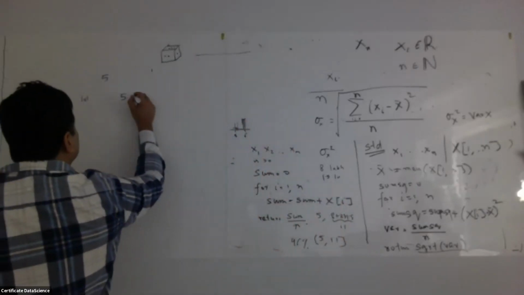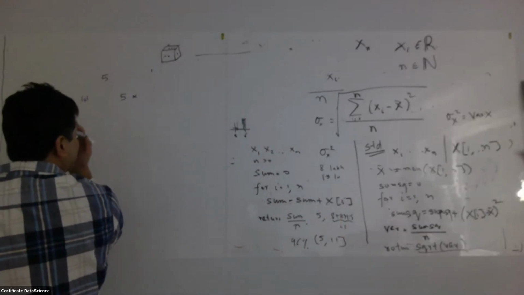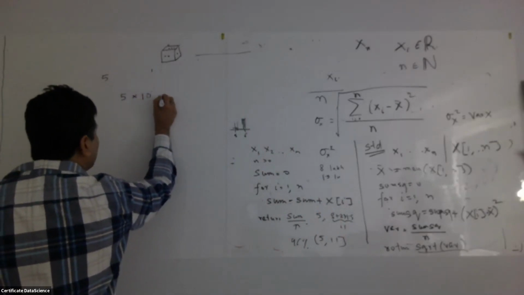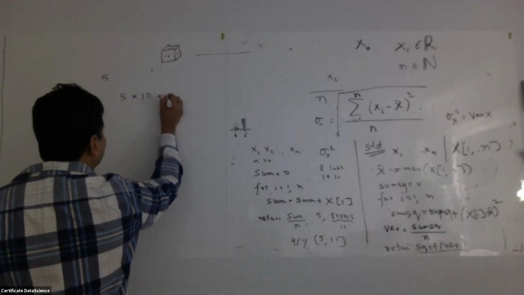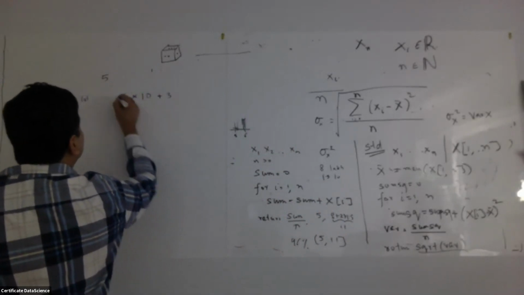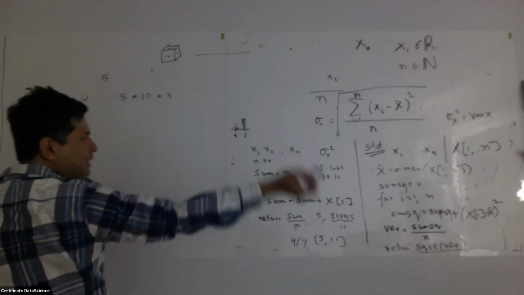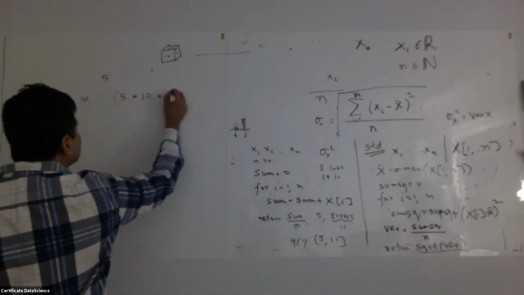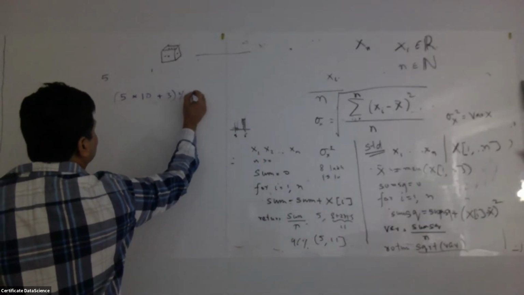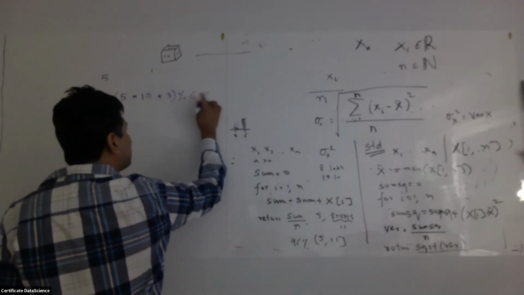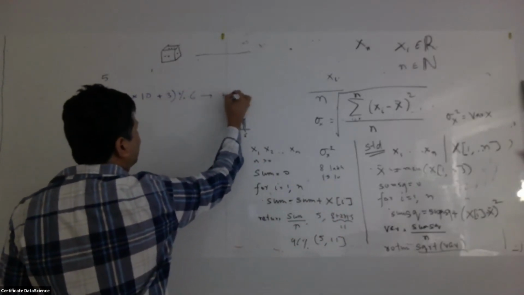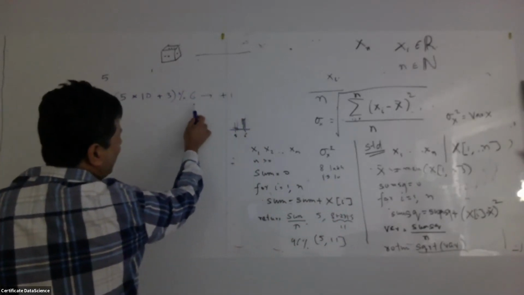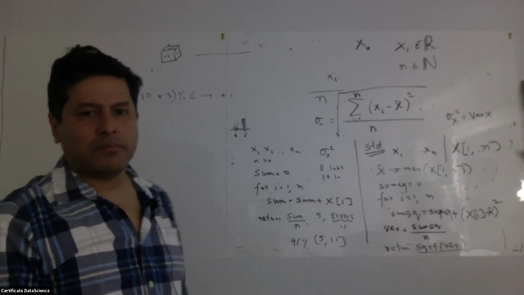So you take the initial number. Say I always multiply it by 10, and say I always add 3. Because I am interested in numbers between 1 and 6, I take this number and do modulo 6, and whatever comes out, I add 1 to it, because modulo gives me 0 to 5, but I want 1 to 6.